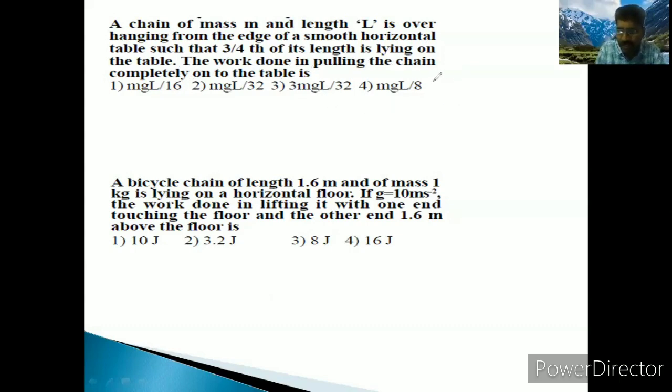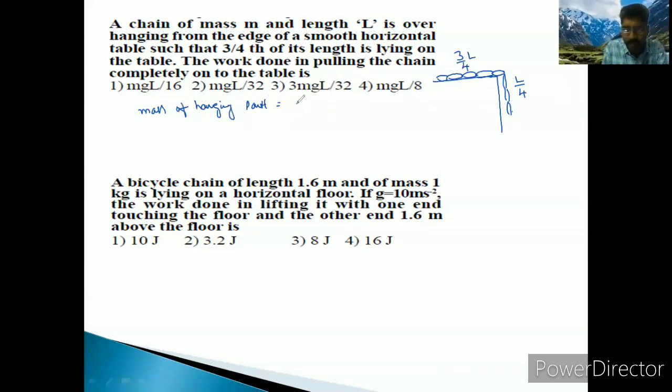I will draw the physical situation. This is a table. So 3 by 4th part is on the table, and only 1 by 4th part is hanging, which means L by 4 length is hanging. In this case, the mass of the hanging part is M by 4.